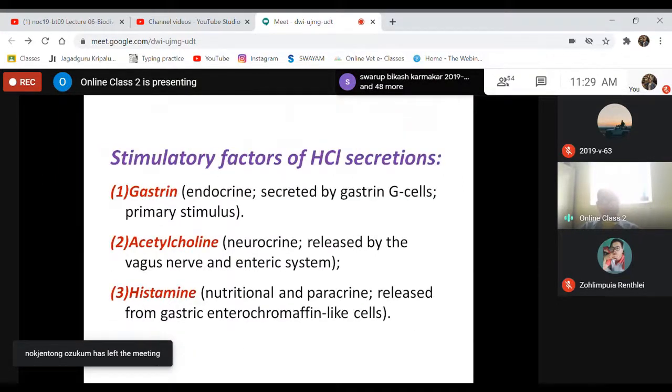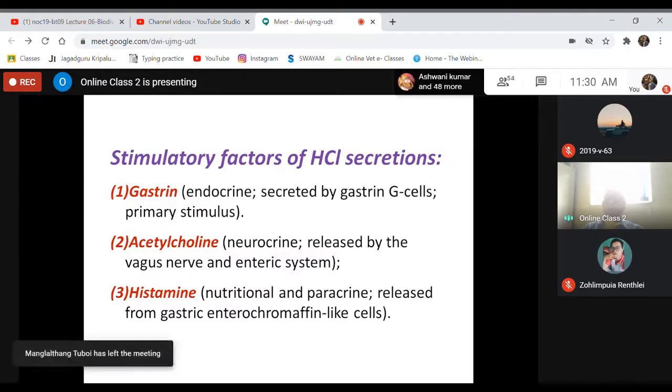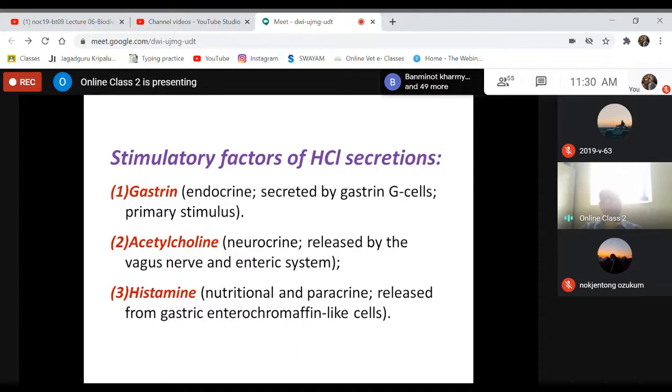These are the stimulatory factors of hydrochloric acid secretion, and the factors may be endocrine in nature, neurocrine, nutritional, or paracrine. Gastrin is a hormone secreted by the G cells of the stomach, and it is the primary stimulus of hydrochloric acid secretion.